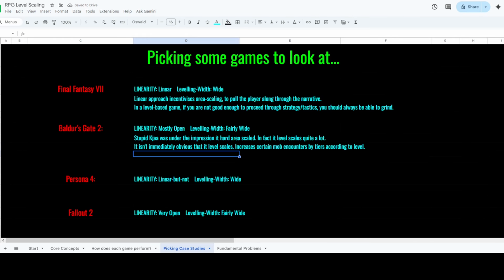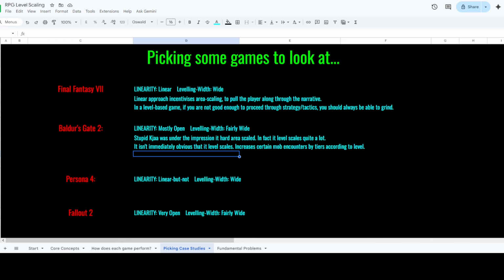So, for example, if you go to one of the undead areas and your average party level is level 9, you will fight maybe a mummy and a couple of skeletons. But if you go there at level 17, you'll fight a lich with several mummies and probably lots of skeletons as well.